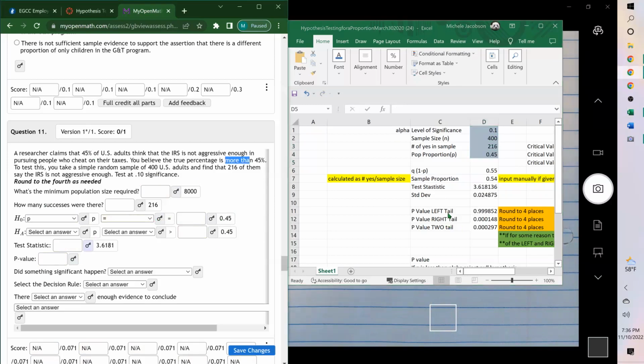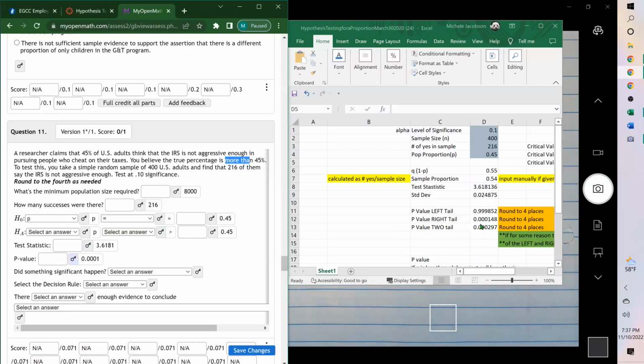The p-value is here. We were testing greater than, which points to the right, so it's a right tail. So it's this one. And it says to round to 4 places.